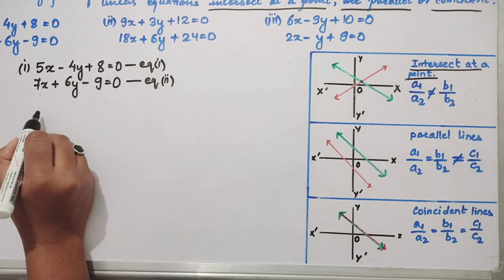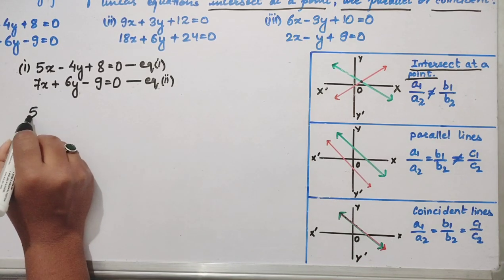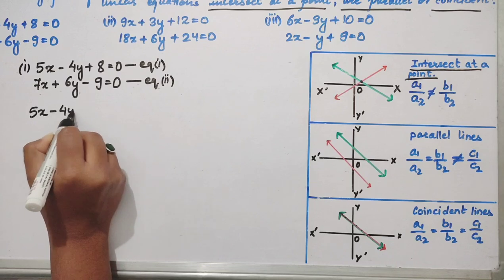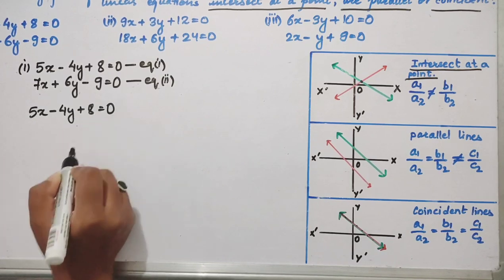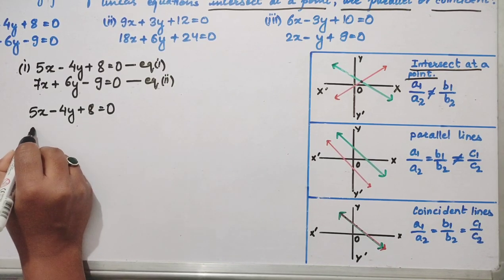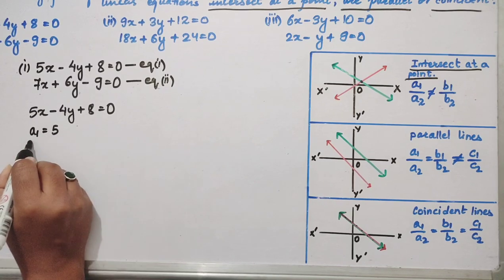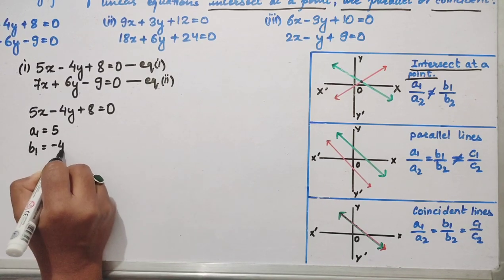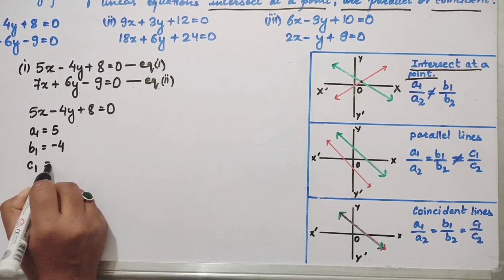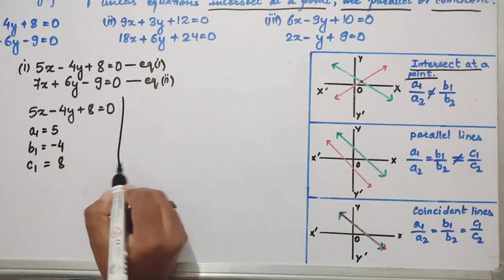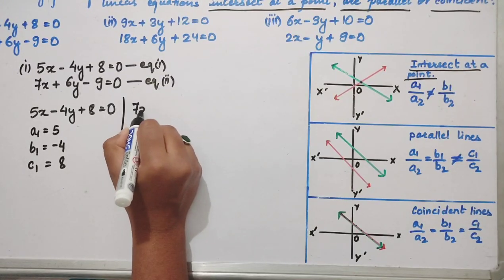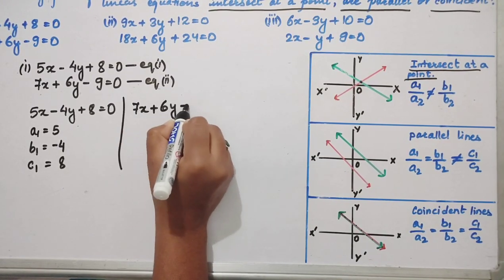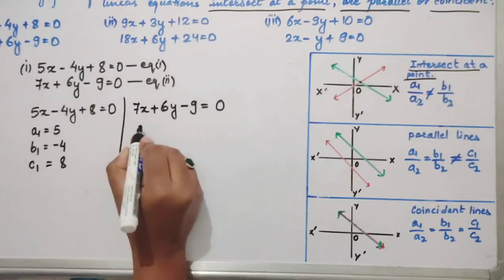Here we can distinguish these equations. 5x minus 4y plus 8 equals 0, or a1 equals 5, b1 equals minus 4 and c1 is 8. And from equation 2, 7x plus 6y minus 9 equals 0.